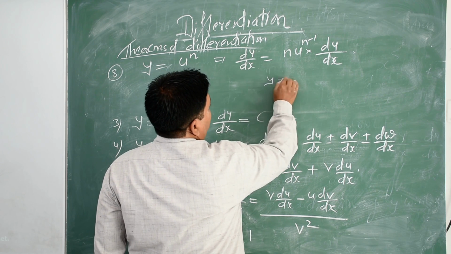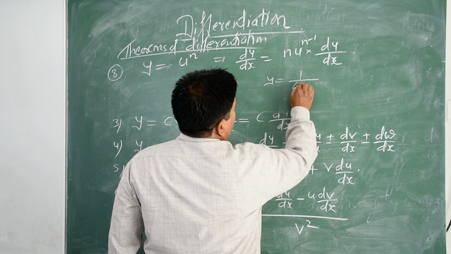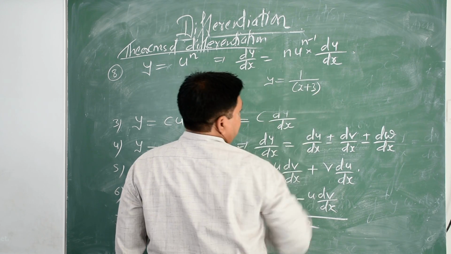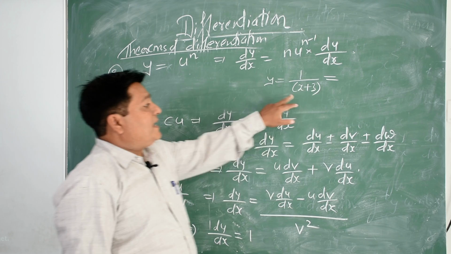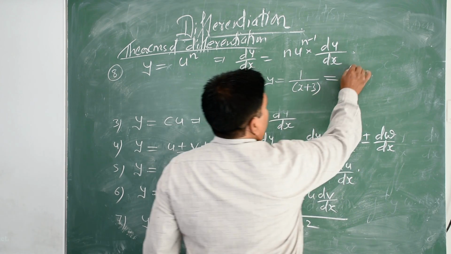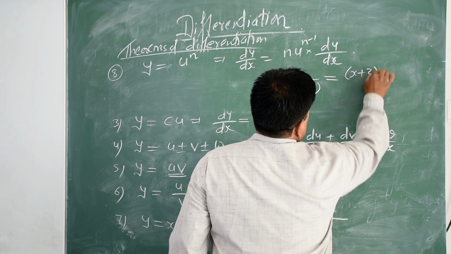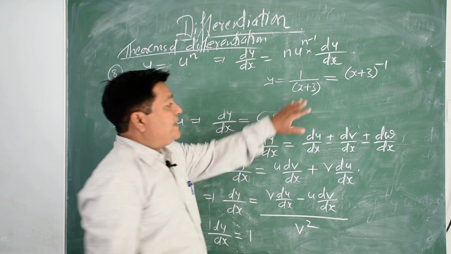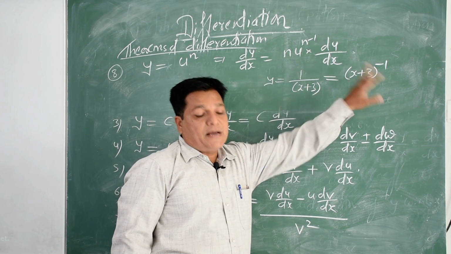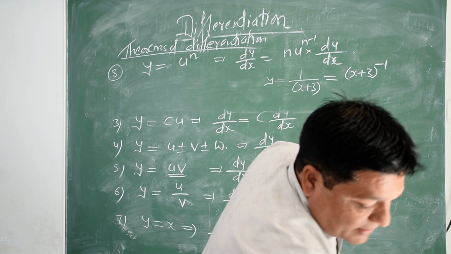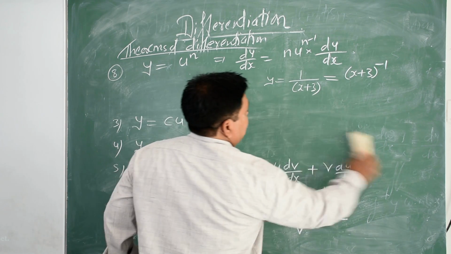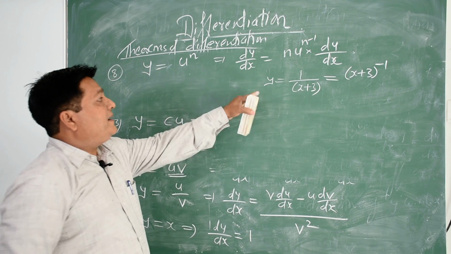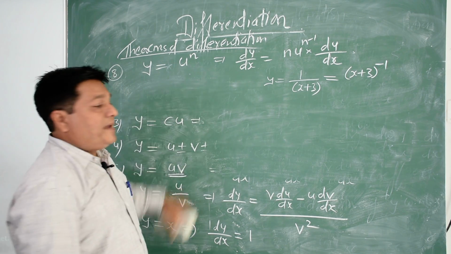Suppose that y is equal to 1 upon x plus 3. So we write this as x plus 3 to the whole power minus 1. If we take this term up, it will become minus 1. Then dy by dx, by using the theorem number 8 here.